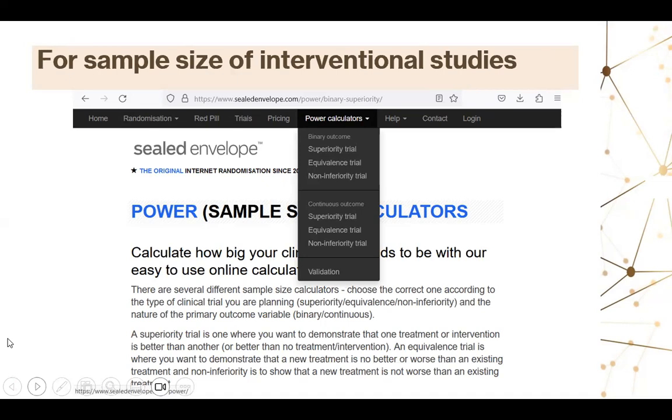It tells you a lot about interventional experimental studies. And one of the functions that it has is a power calculator that allows you to compute for the sample size when you have a binary outcome or a continuous outcome for superiority or equivalence or non-inferiority trials. So if you have time, go take a look and learn some more.